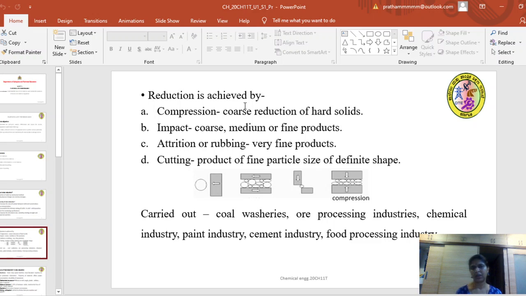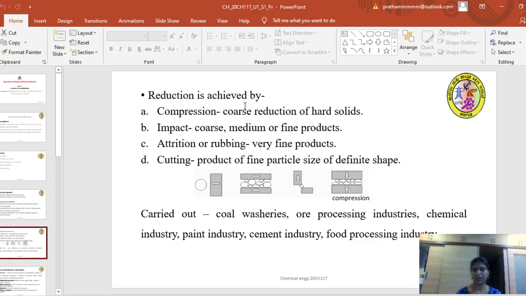All these reduction processes, whether compression, impact, attrition or the cutting process, are carried out in any processing industry or chemical industry, applied in order to reduce the size. They are used in the paint industry, the cement industry, the food processing industry or in coal washeries.